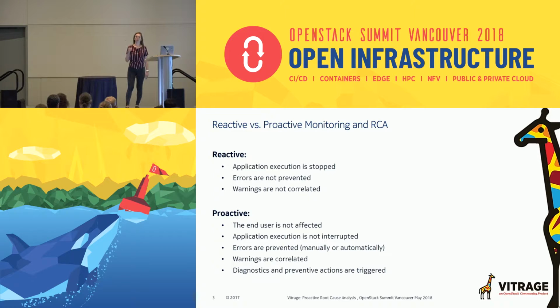We want to prevent them totally or perform some quick actions shortly after it happens so the user doesn't feel the effect. We will do it using correlation between warnings, among other things. And also we can run diagnostic actions that will recognize some things before they go really wrong.